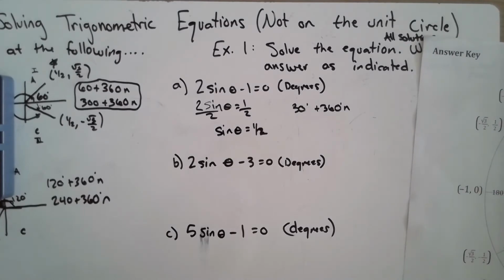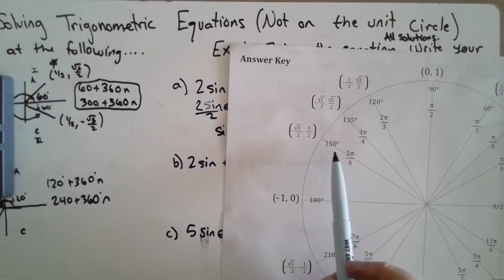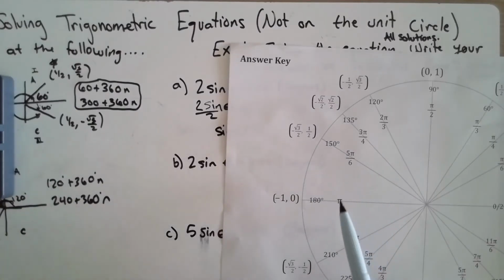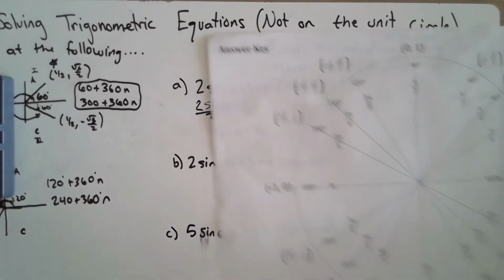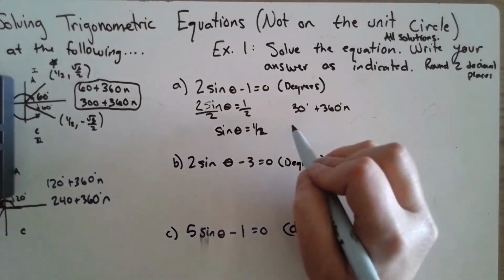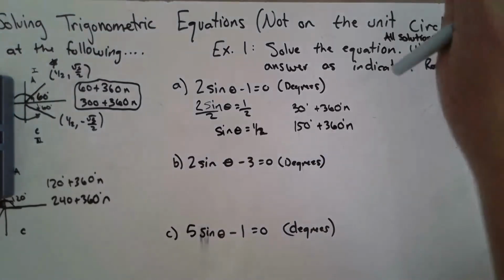My other position where sine is 1/2 is over here at 150 degrees. And if you notice, this reference angle is also 30 degrees. So that same reference angle, depending on where you're at, applies. So this is going to be 150 plus 360n.